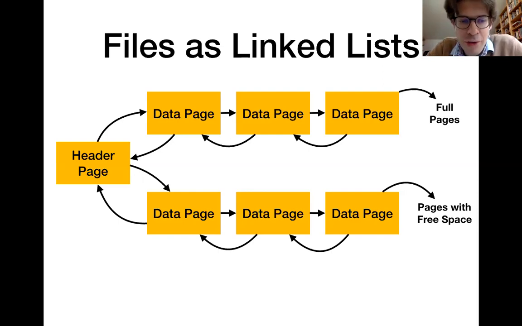Otherwise, if none of the existing pages has enough free space, then I want to create a new page in order to store the newly inserted data, right? So you can divide it into those two sublists, but in principle, it's a linked list, and the position of this header page needs to be stored somewhere at a fixed location. So that is typically also stored in the database catalog.